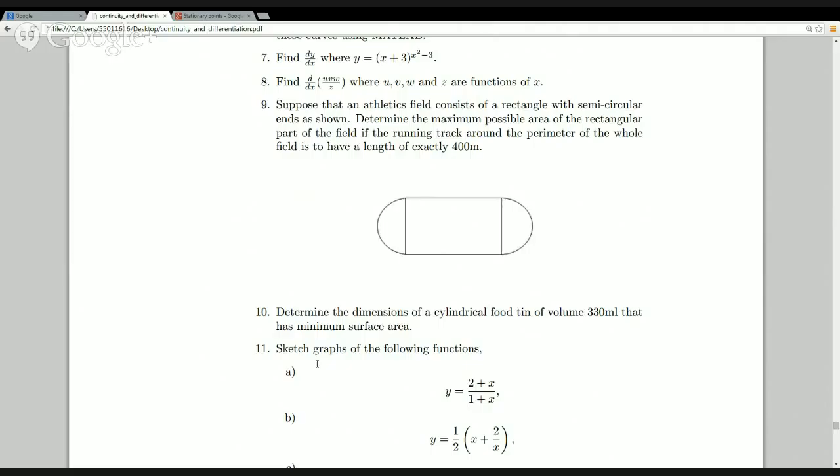Well, we need to start attaching some variables or some names to the parameters. So there's two measurements which characterize the thing. We've got the length of the rectangle, say, and the rectangle's width. Okay, so we've got these two measurements, W and L. Now, was that enough to define it?